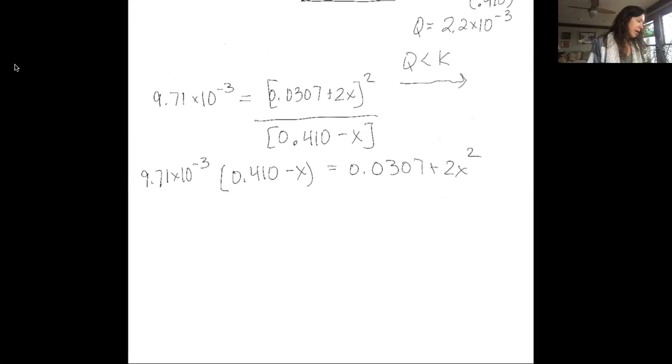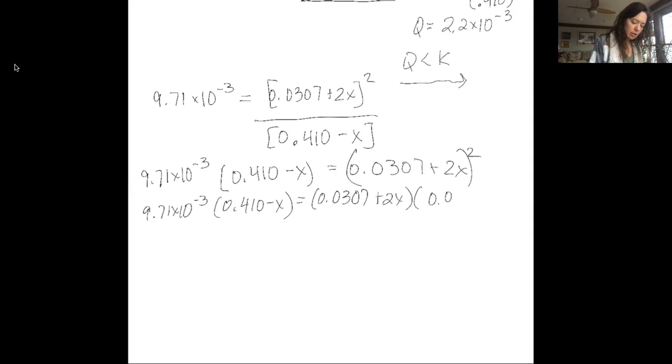When I start solving this, I'm going to end up with 9.71 times 10 to the negative third multiplied by 0.410 minus X equals that whole thing squared, so 0.0307 plus 2X times 0.0307 plus 2X.